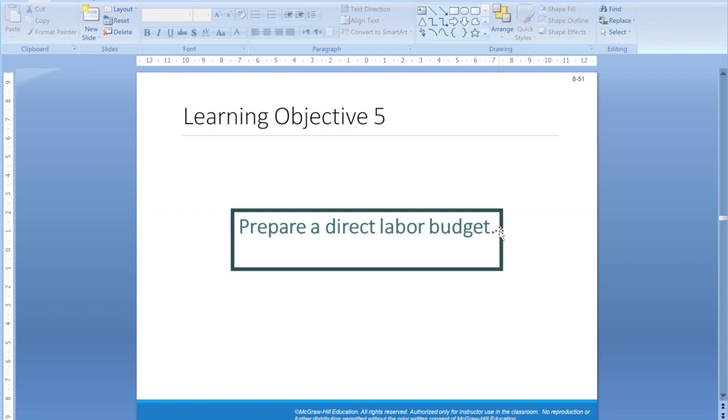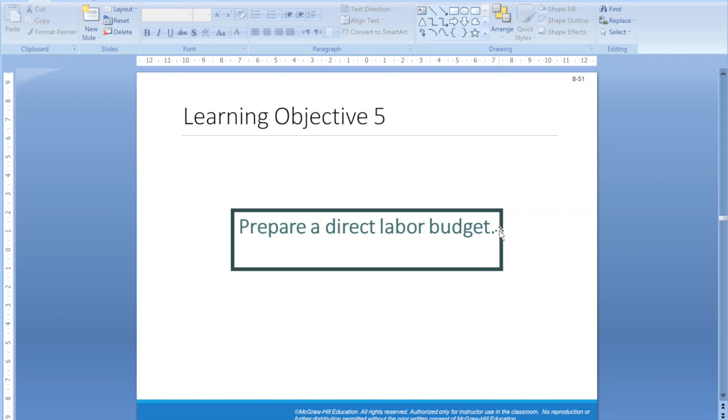Learning objective 5, which is the direct labor budget. This is simple. I think the most detailed and sophisticated budgets are direct materials and production. Direct labor is a little bit straightforward. Let's see what is the purpose and what is the question about the direct labor budget.